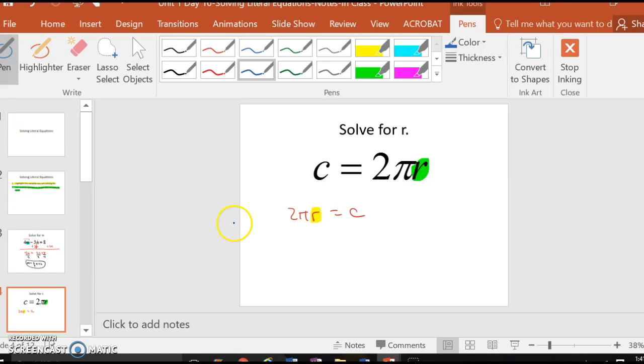They're all linked by multiplication. What's the inverse operation of multiplication? Division. So if I divide by 2 and I divide by pi, 2's eliminate, pi's eliminate. Divide by 2 pi, and I get r is equal to C over 2 pi. And I am done.